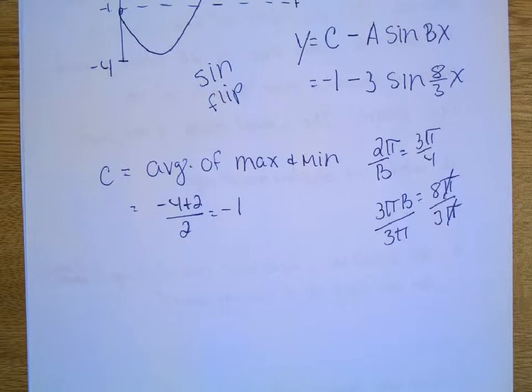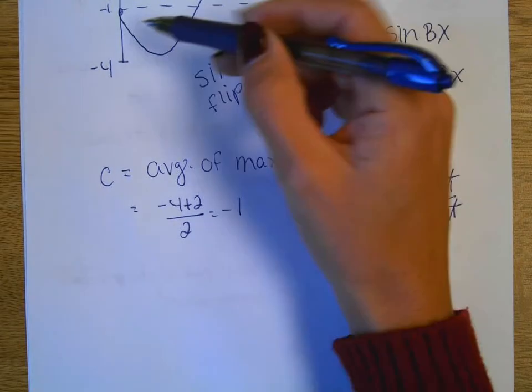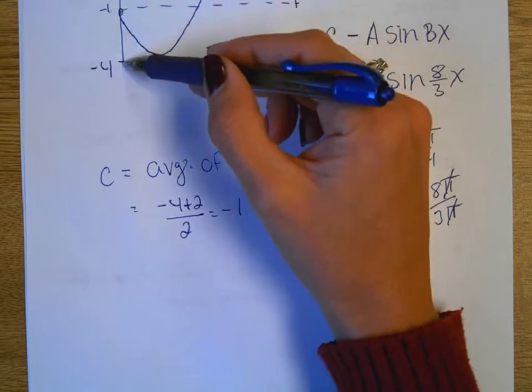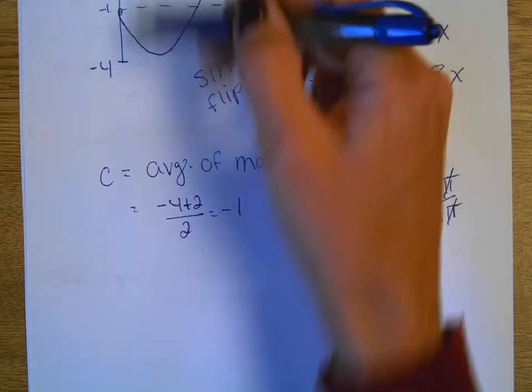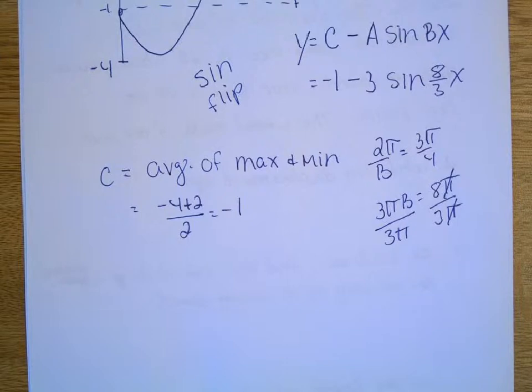So start with the vertical shift, visibly see the A, and then figure out the B. Why is the amplitude 3? Because it's the distance from -1 to 2, so from your axis to your max. It's the definition of amplitude.